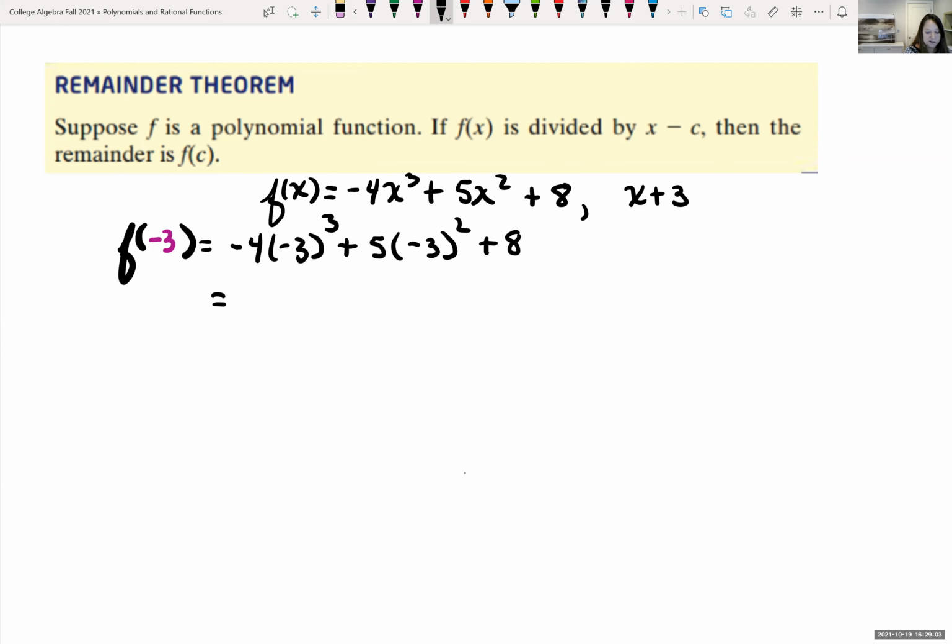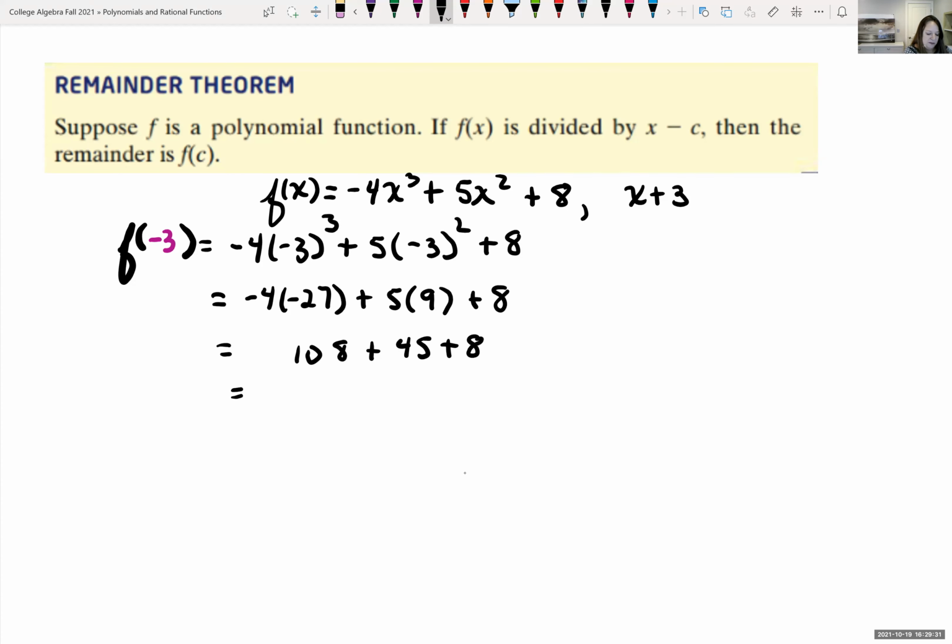Order of operations, first do our exponent. So negative 3 cubed is negative 27. So I have negative 4 times negative 27 plus 5, negative 3 squared is positive 9 plus 8. Negative 4 times negative 27 is positive 108 plus 5 times 9, which is 45 plus 8.